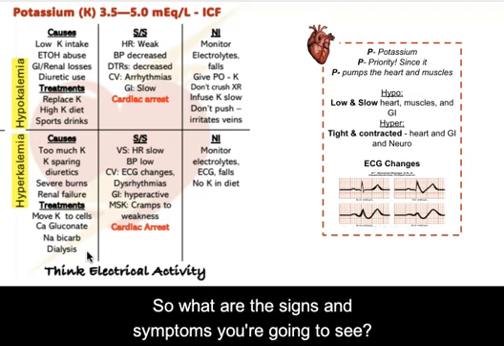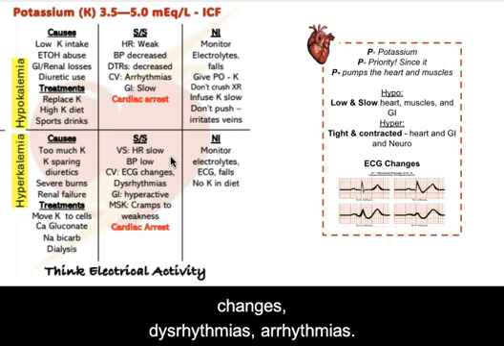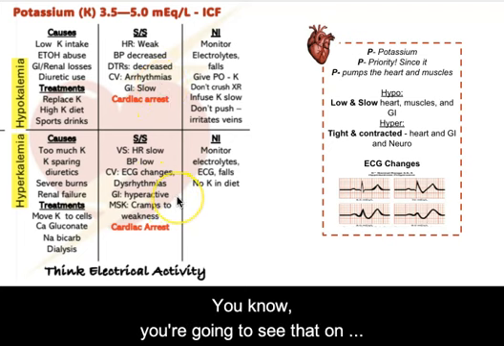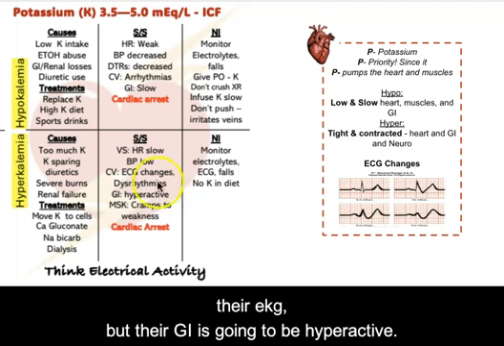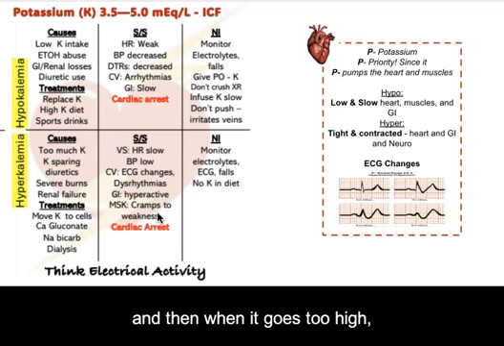So what are the signs and symptoms you're going to see? Heart rate is low, blood pressure is low. You're going to see ECG changes, arrhythmias. Basically, arrhythmias and dysrhythmias are used interchangeably, they're basically the same thing. You're going to see that on their EKG. But their GI is going to be hyperactive. Their muscles are going to cramp first, and then when it goes too high, it's going to lead to weakness.